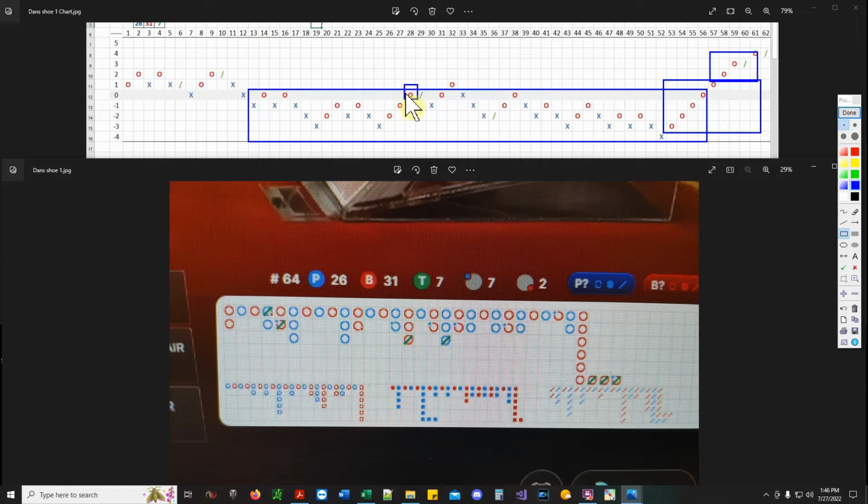So if we waited for the third time and just started betting player from this point on, where that tie is, to the end of the shoe, and let's say our goal is 6 units or 7 units, even 4 units, because look how late it is in the shoe.